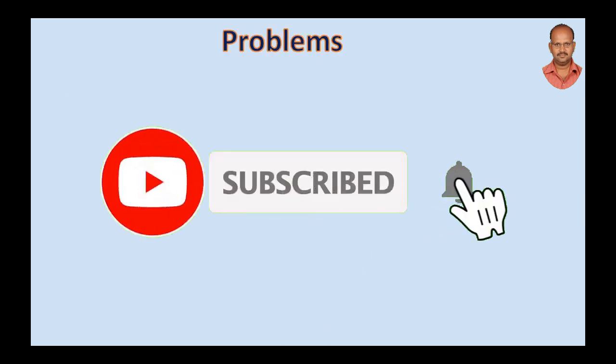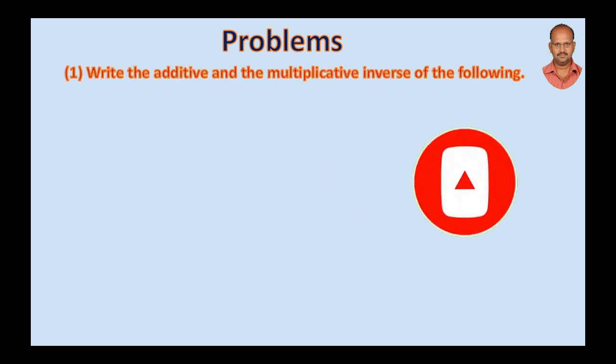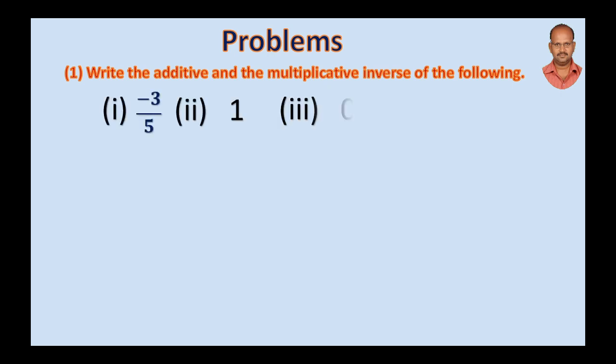Now taking some problems. Number 1. Write the additive and multiplicative inverse of the following. Question number 1. The additive inverse of minus 3 by 5 is equal to 3 by 5.